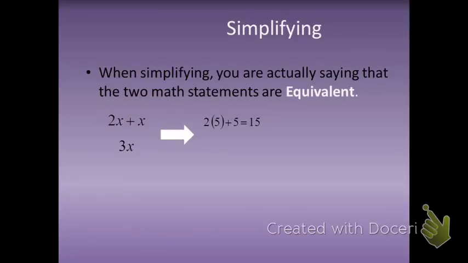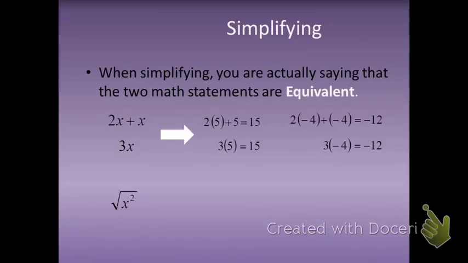I'm going to take 5 and plug it into 2x plus x. So 2 times 5 plus 5 gives me 15, and 3 times 5 gives me 15. Fantastic. Let's try a negative just to get both ends. You do 2 times negative 4 plus negative 4 gives you negative 12. 3 times negative 4 gives you negative 12. Fantastic.